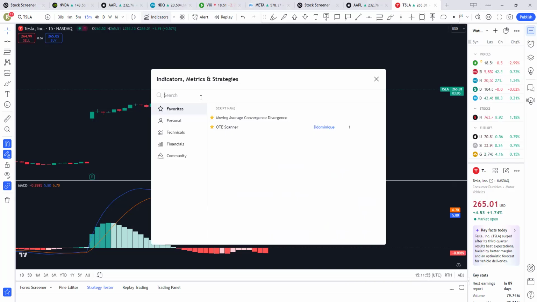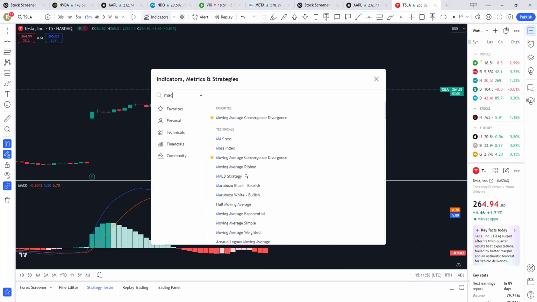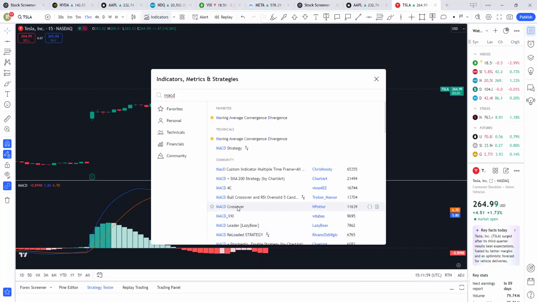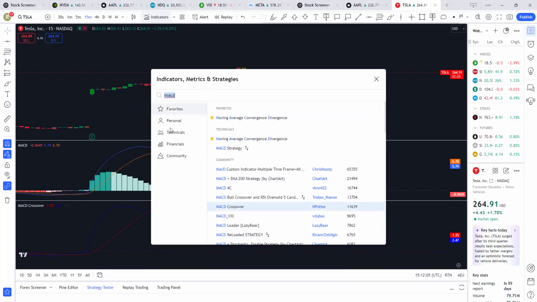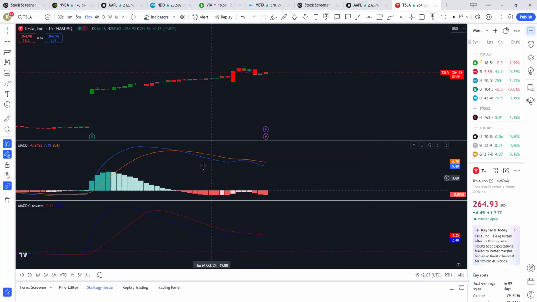We're going to add both of them to our chart today. We click on this, and it's already been added there. So we have those two MACDs, and we are in Tesla today.